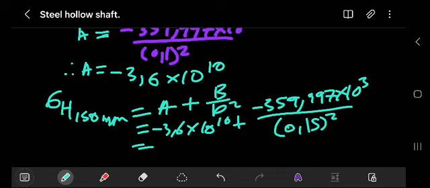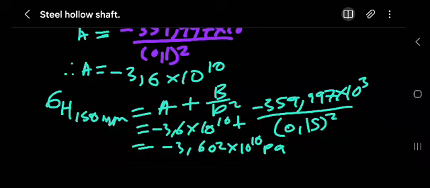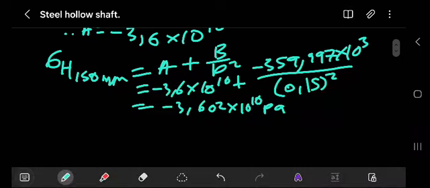Alright, what will I have there? Let me check. Negative 3,602 times 10 to the power of 10. Obviously this is Pascal, but let me put it in engineering notation.